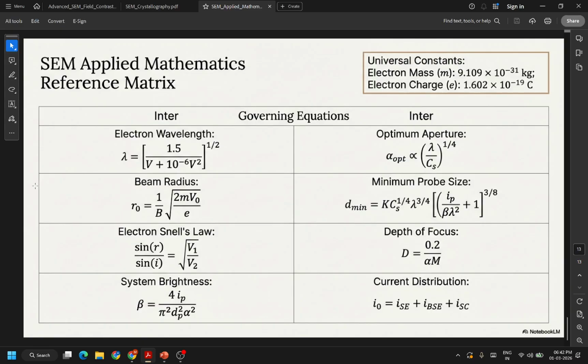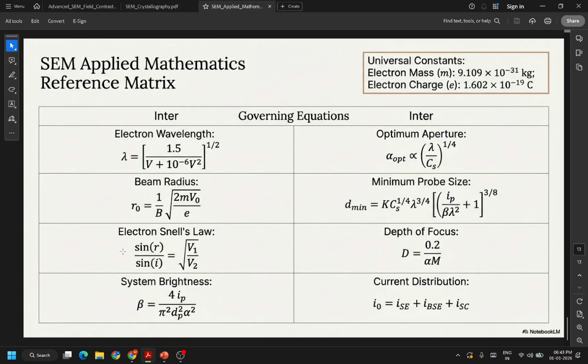So this is an overview of all the equations you need to calculate different parameters in your SEM. The wavelength of emitted electrons you can calculate here. Then the beam radius in the electron through the electromagnetic lenses you can calculate here.